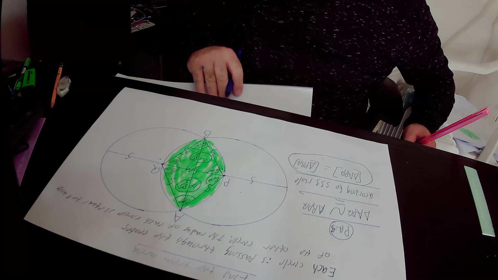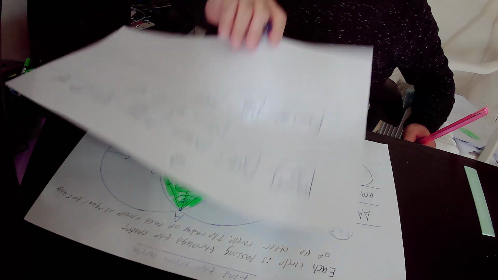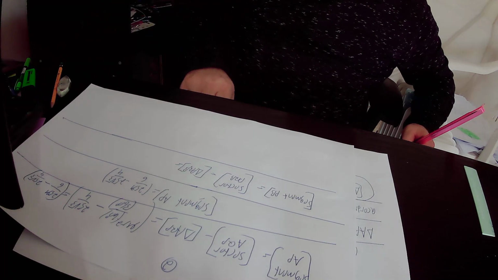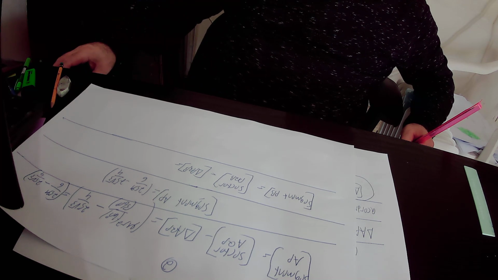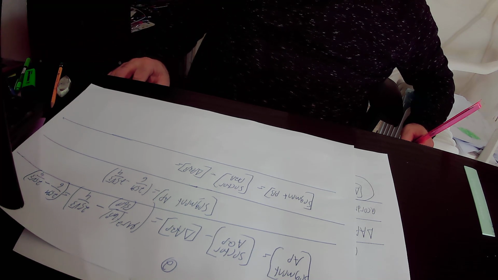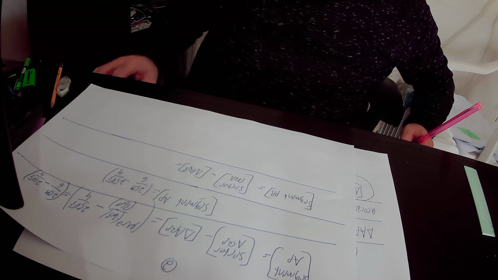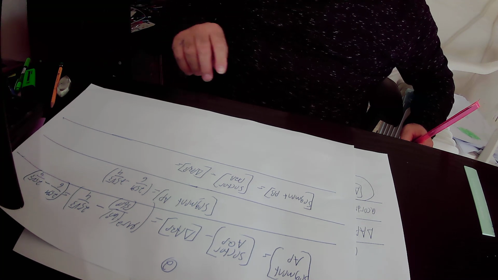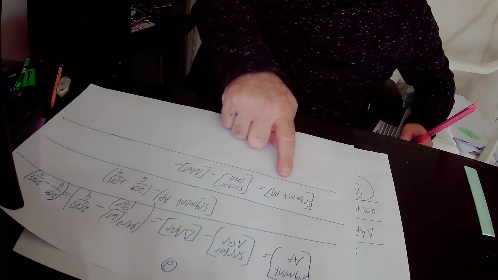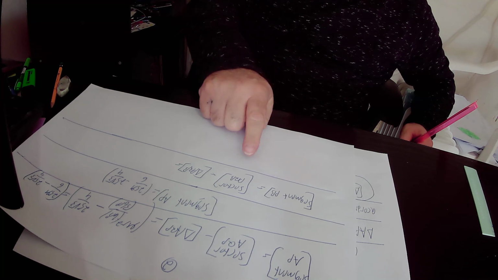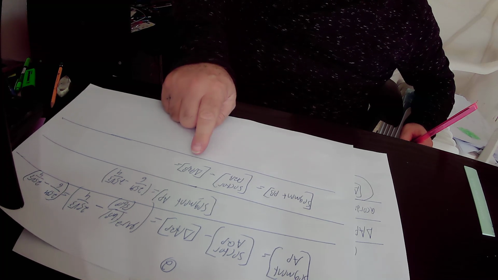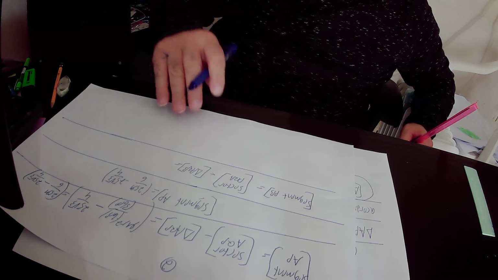I'll repeat again. The area of segment PB equals the area of sector PQB minus the area of triangle PQB.